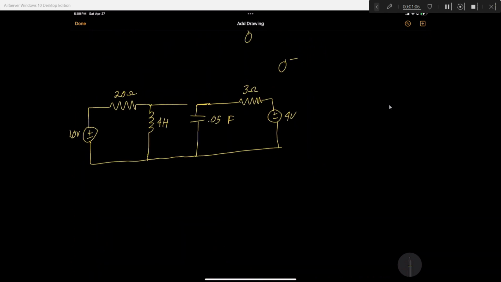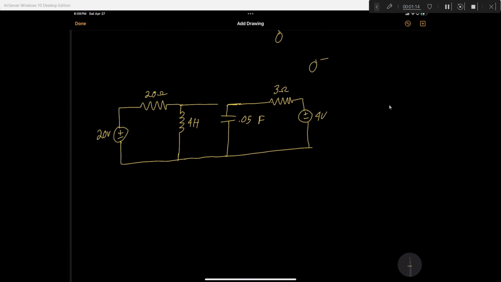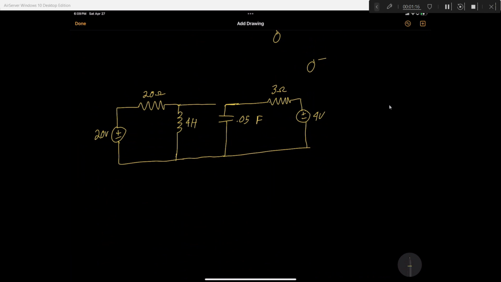So for 0 minus, our first goal is to find the initial values, right, across the inductor and capacitor. That'll help us figure out a formula to define the transient state of the circuit as time passes. So, to figure that out, we need to figure out the initial values across the inductor and capacitor.